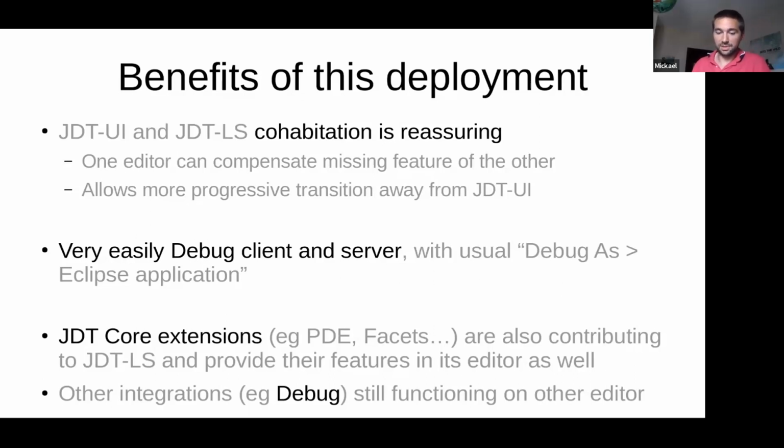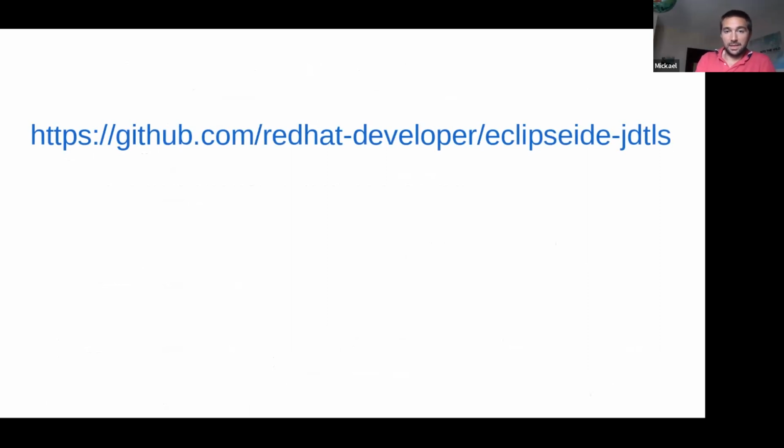And these integrations keep working on JDTLS. I will show you that at the end of my quick presentation. Here is the link to the project. Let's click it together. Will it work?